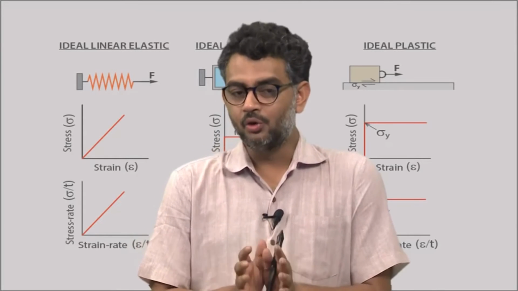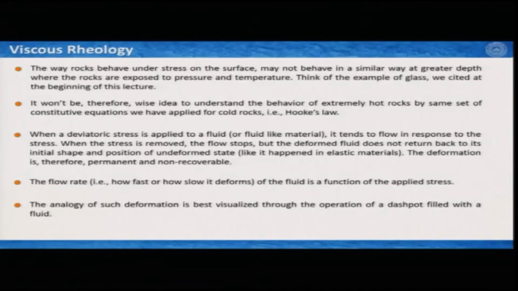When the stress is removed, the flow stops, but the deformed fluid does not come back to its original position. Its shape and geometry remain permanently in the deformed state. Therefore, the deformation under this kind of rheology is permanent and non-recoverable.